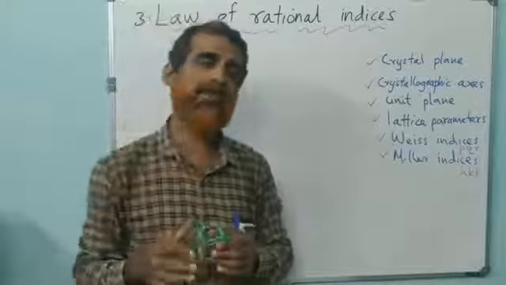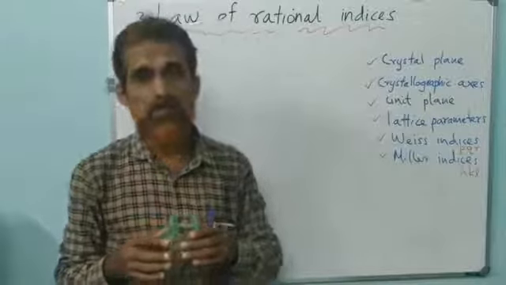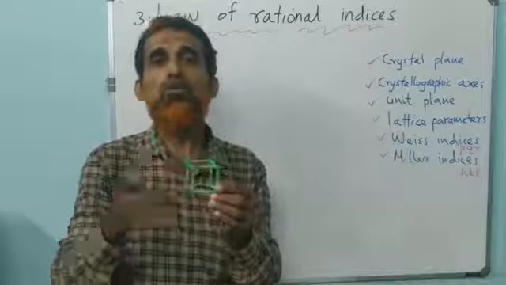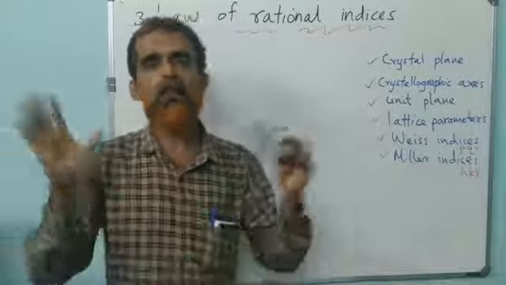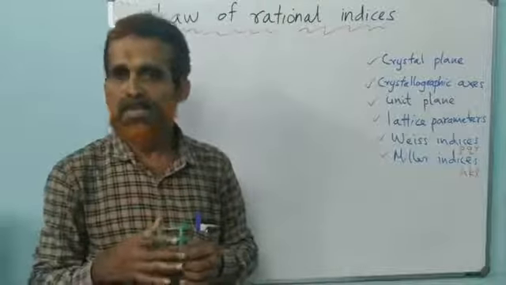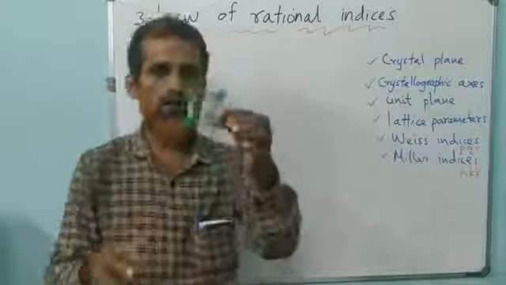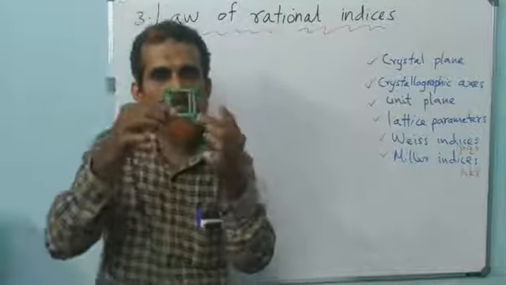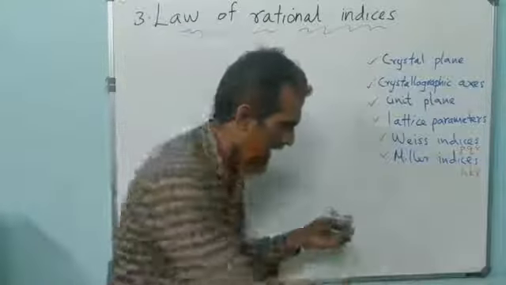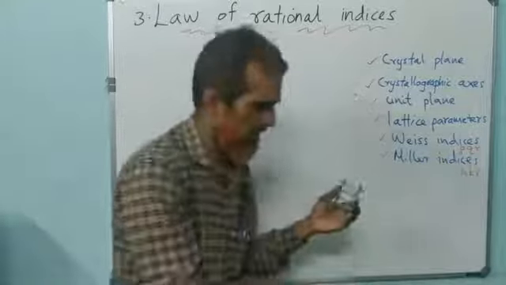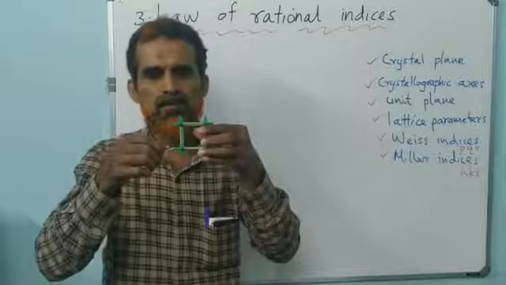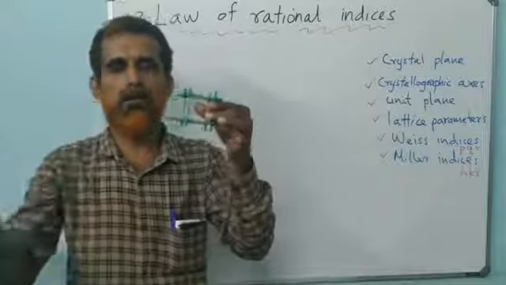So three axes are chosen which meet at a point, that is the origin, using which we can describe various planes in a crystal. For example, this is a cubic crystal.